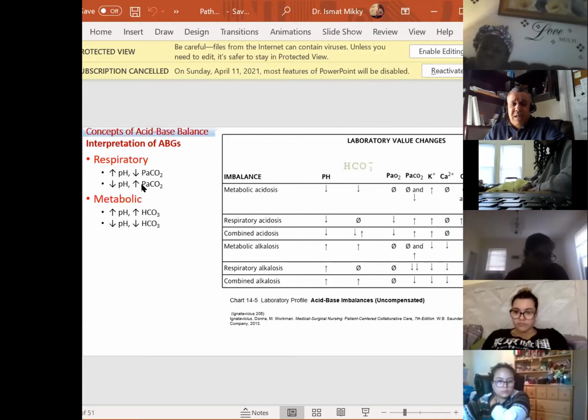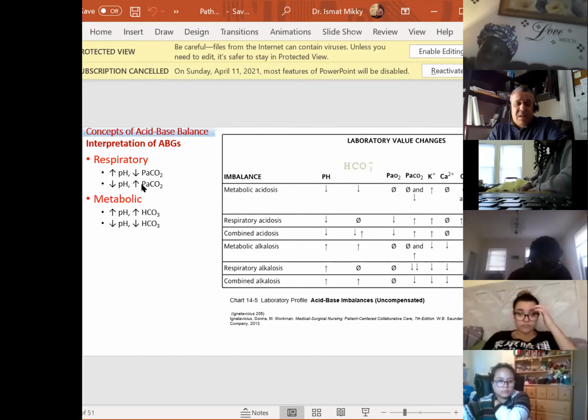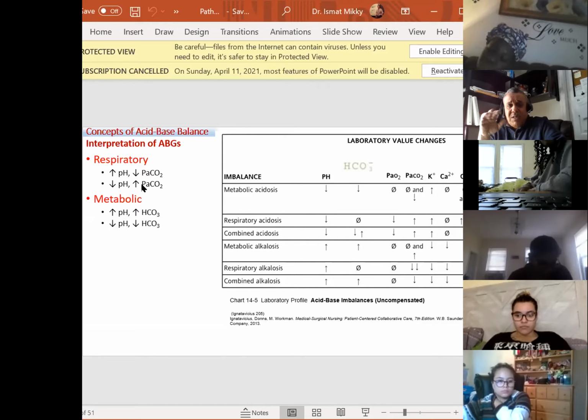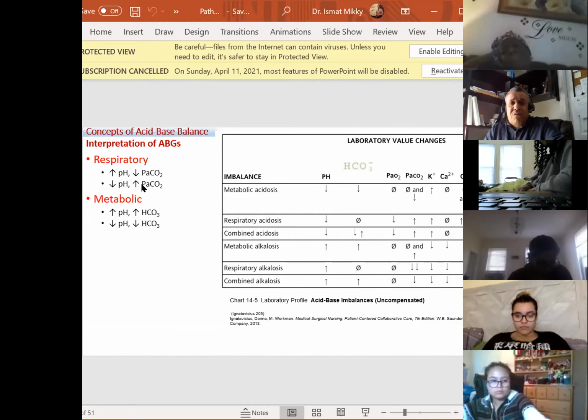Remember that CO2 plus H2O makes H2CO3, the carbonic acid. So more CO2, more acidic. It will make the pH drop to less than 7.35. So the top one, sorry, I said 7.31. It's supposed to be that the PaCO2 drops, and that makes the pH go up to about 7.47 or 7.48.